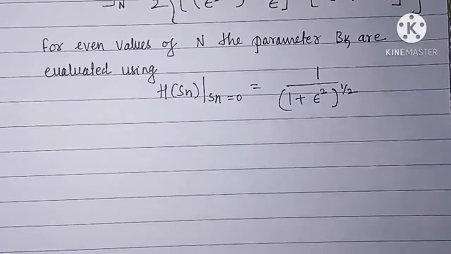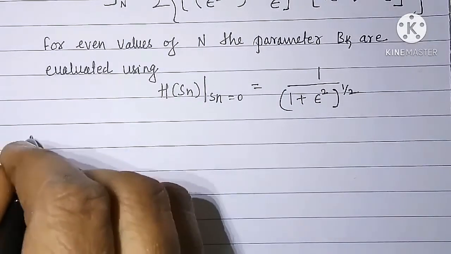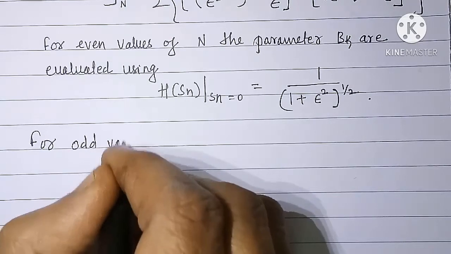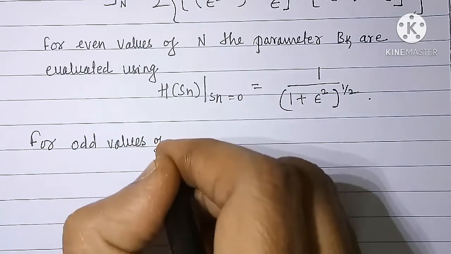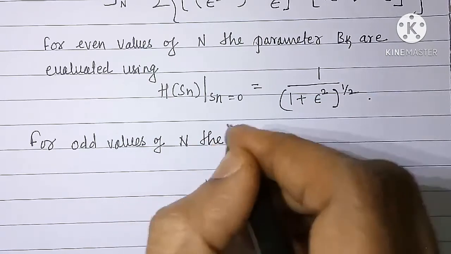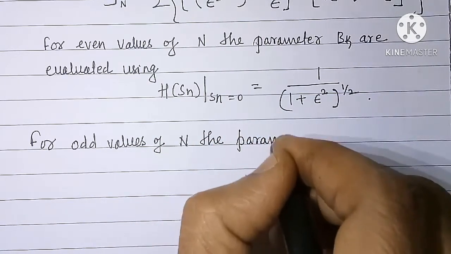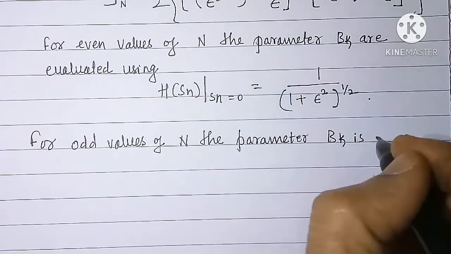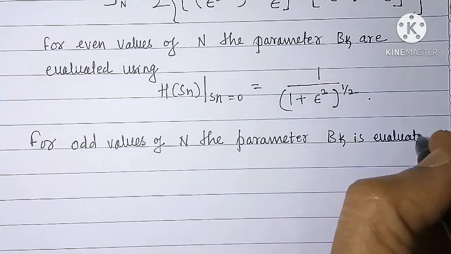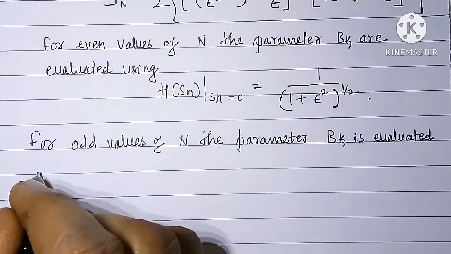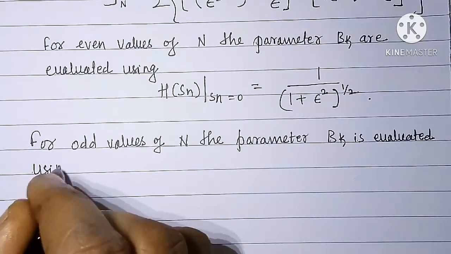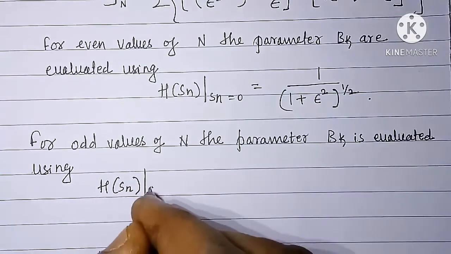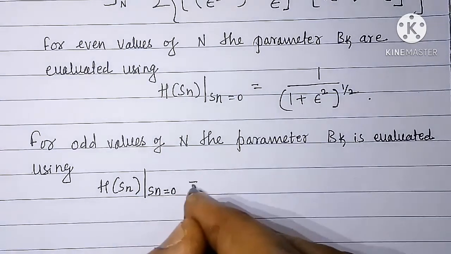And for odd values of n, the parameter Bk is evaluated using H of Sn at Sn equal to 0 equal to 1.